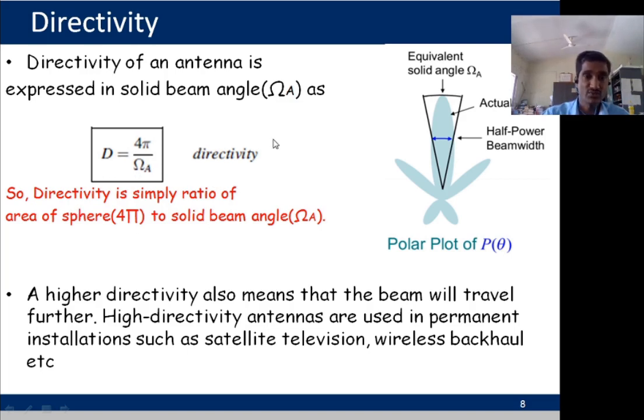In this equation, we can simply say that directivity is the ratio of the area of the sphere, 4π, to the solid beam angle. As the solid beam angle increases, the directivity decreases. And vice versa, if the solid beam angle decreases, that means the angle is small, the directivity becomes high.